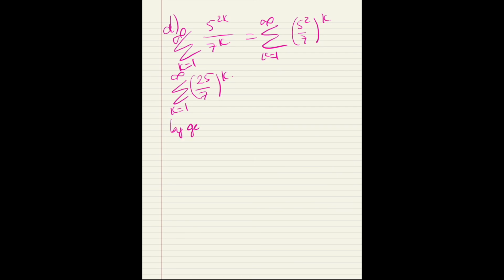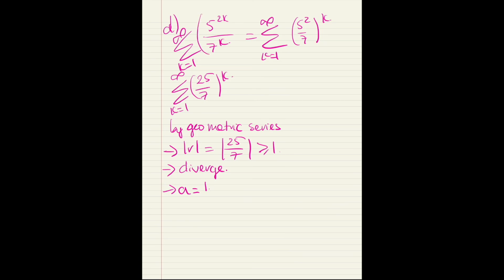By geometric series, the absolute value of r equals 25 over 7, which is bigger than or equal to 1, so the series is divergent, and a equals 1. Since we don't have any number multiplying the series, we can conclude a equals 1.